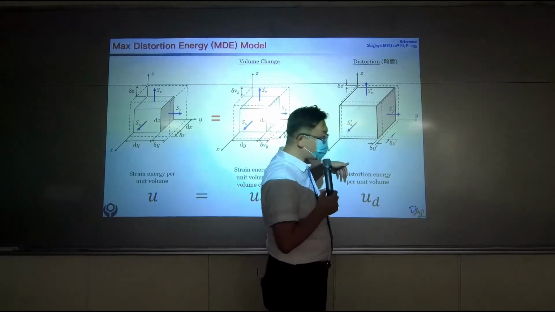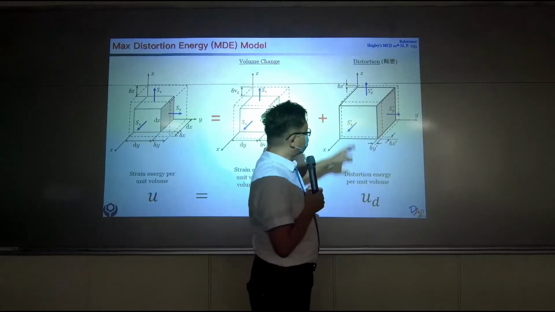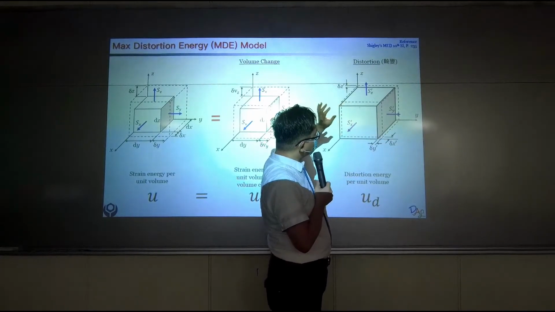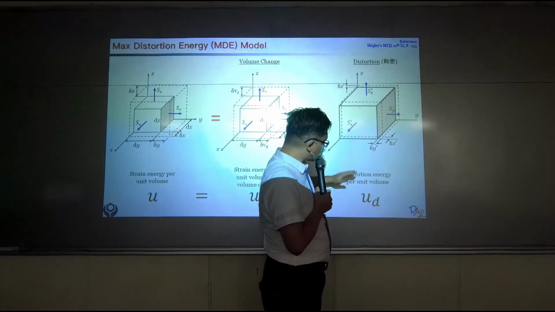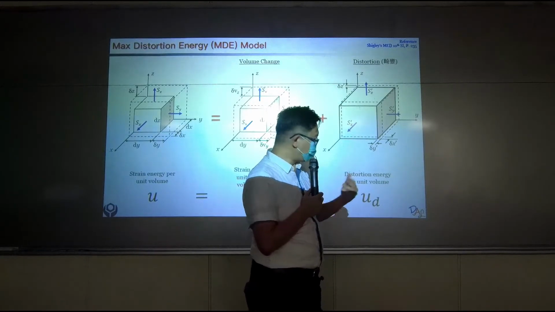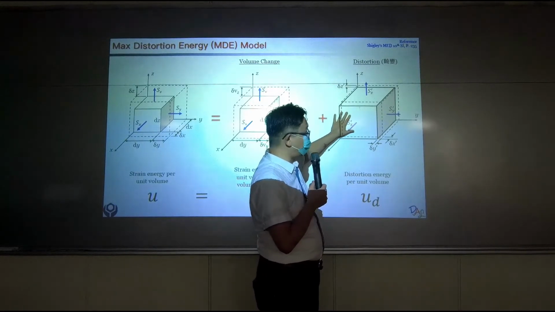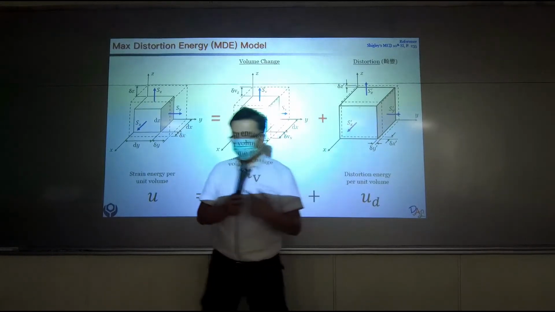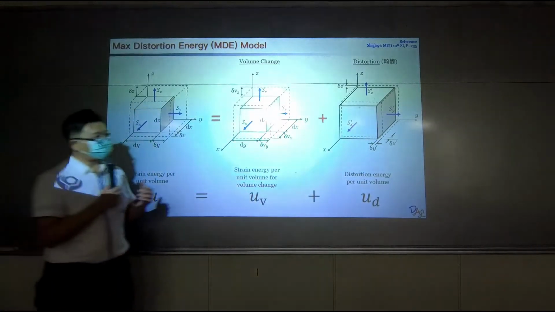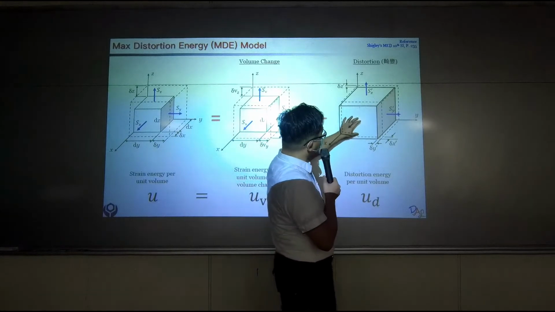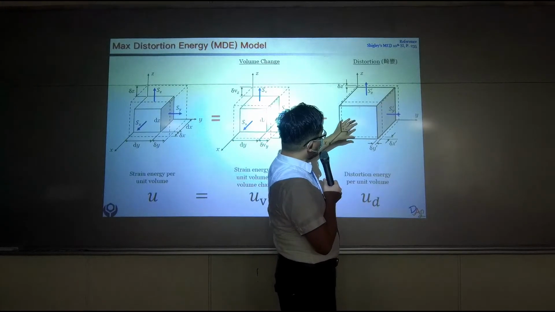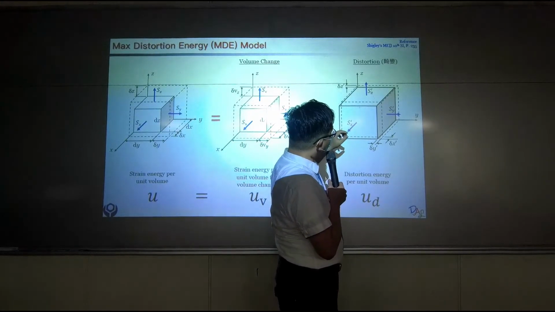If you have stress, you must have strain. And since we have stress for distortion, but distortion means you should not have volume change, then you can kind of realize making this drawing in a specific way.